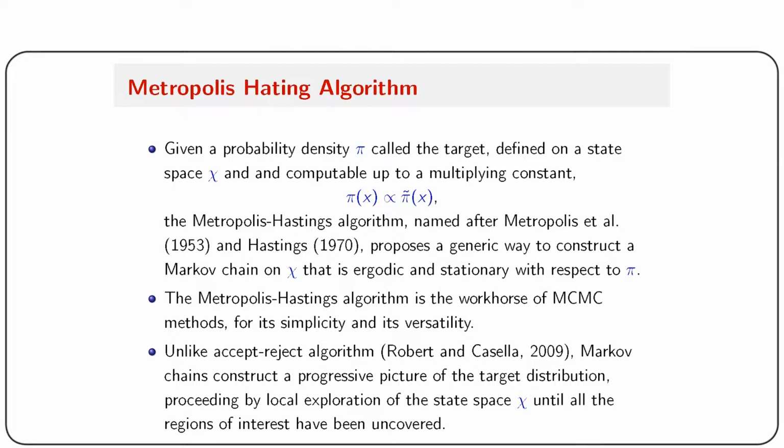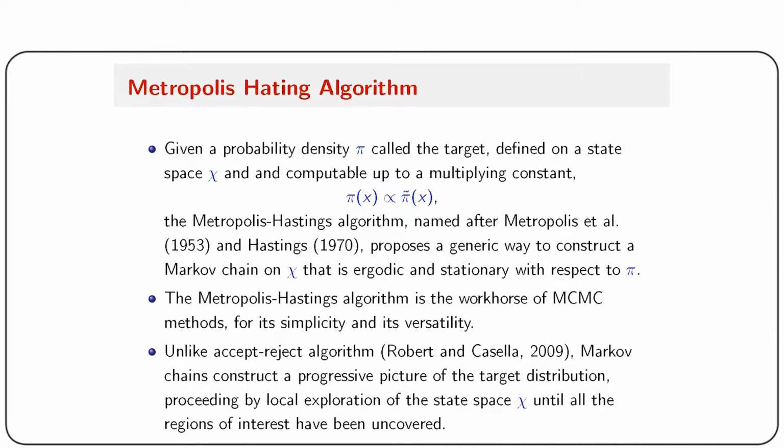And before that, let's recall the Metropolis-Hastings algorithm. We're given a probability density pi, called the target, defined on a state space chi, and computable up to a multiplying constant. Then pi(x) is proportional to pi-tilde(x).